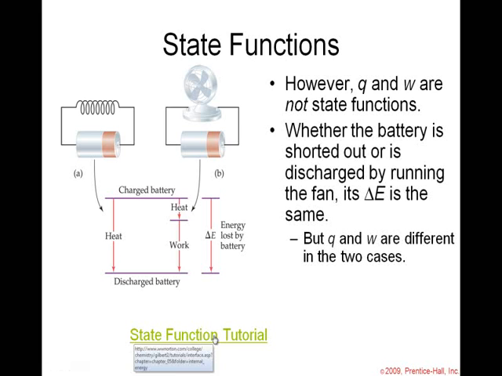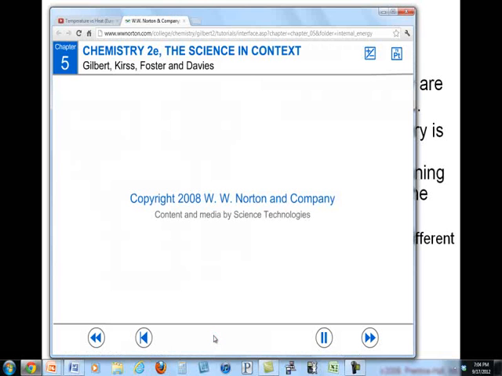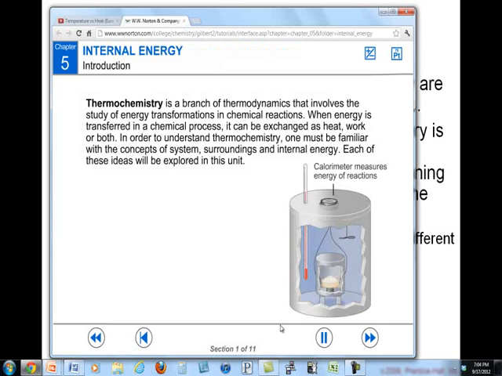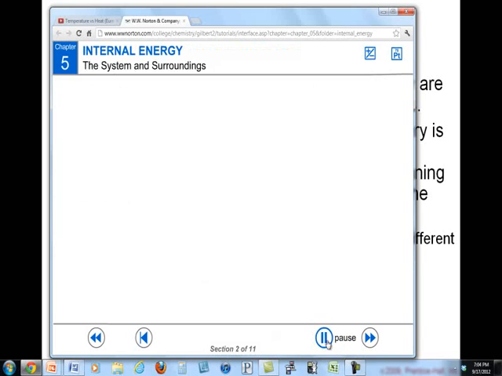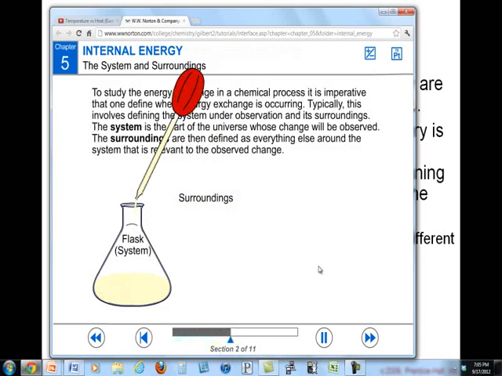So let's take a quick peek at this little tutorial. Alright, to study the internal energy, we have to identify where energy exchange is occurring.